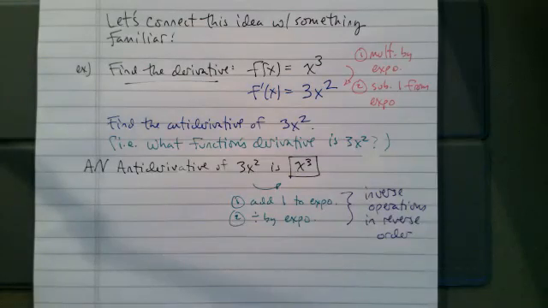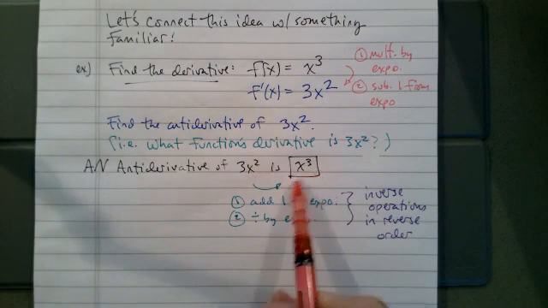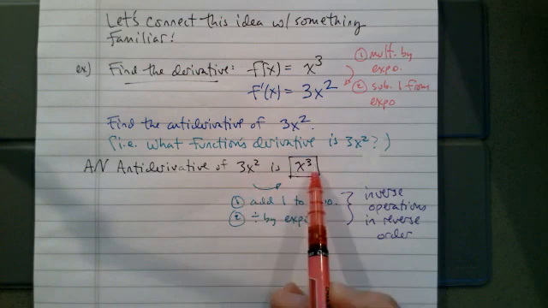So here's the antiderivative process. We add 1 to the exponent, and then we divide by that exponent. So the antiderivative of 3x squared, we add 1 to the exponent, it becomes a cube, and then we divide by the cube, or by the 3. 3 divided by 3 is 1.